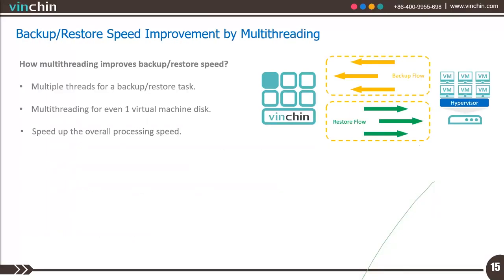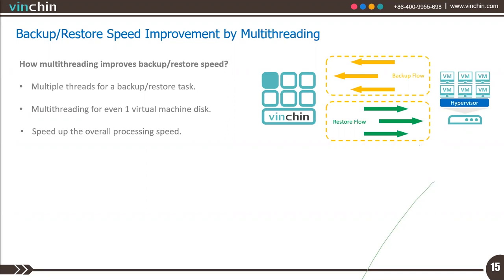Next, backup and restore speed improvements by using multi-threading transmission. When performing a backup or restore job, Vinchin Backup and Recovery server will create multiple threads for data transmission of a single job.